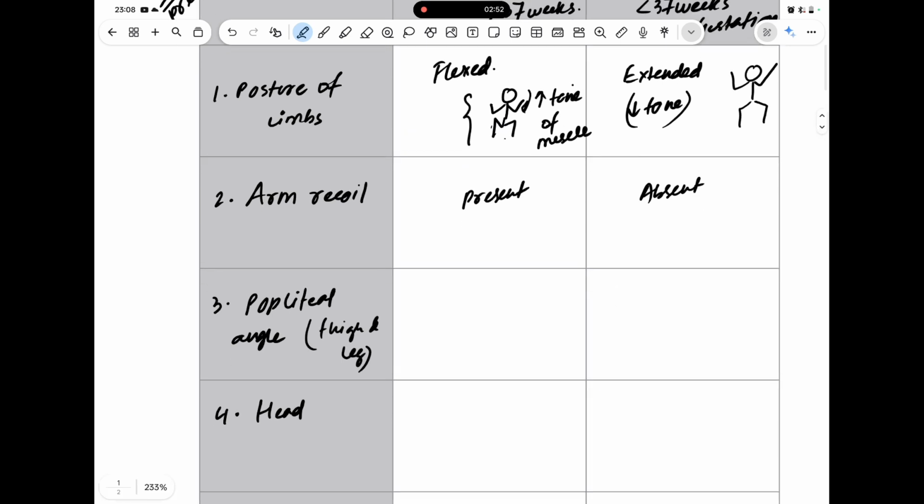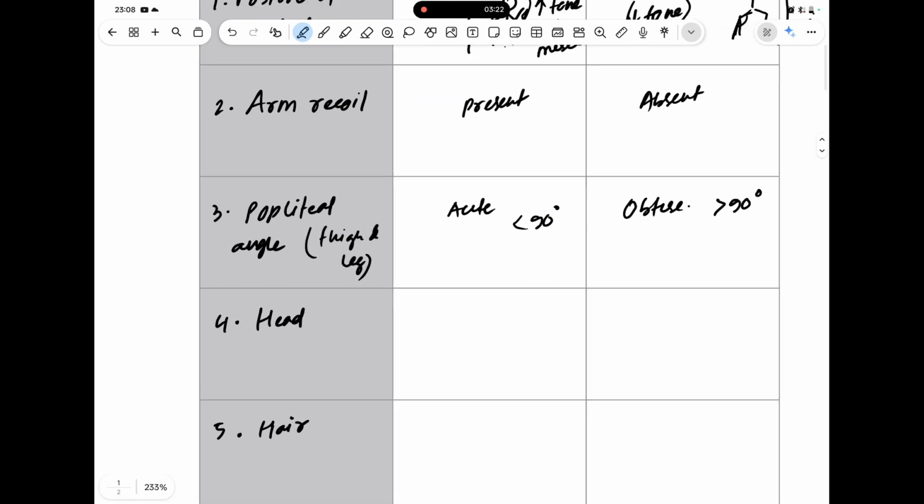So popliteal angle in term babies is acute. And in this case, see the image, the angle between the thigh and the leg is more than 90 degrees, so it is obtuse. This angle is more than 90 degrees, or an acute angle is less than 90 degrees.